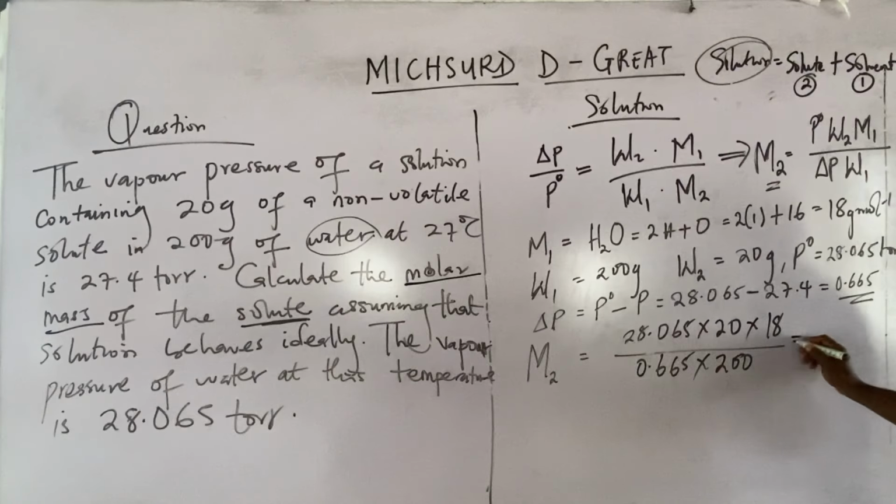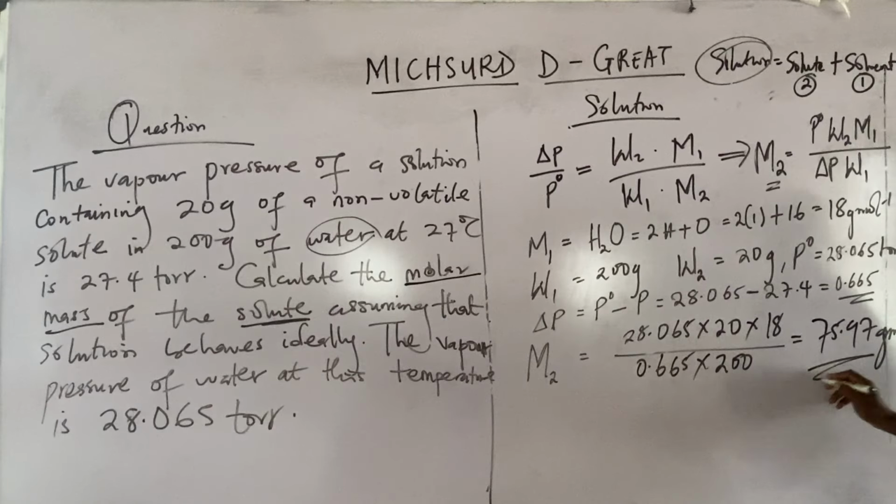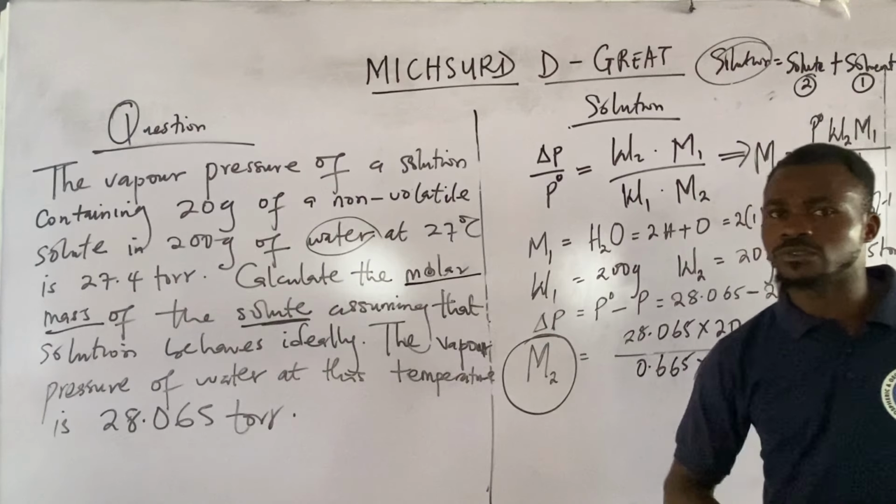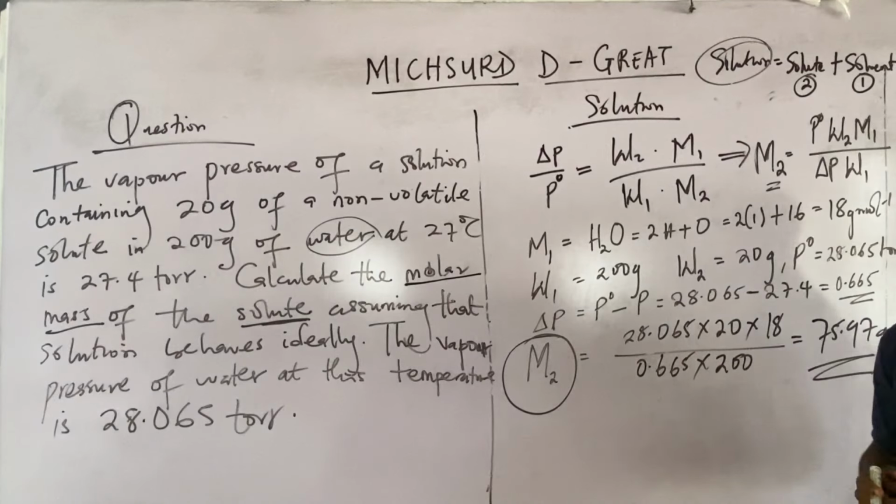If you punch this in your calculator, this will give us 75.97 grams per mole. That gives you the molar mass of the solute. So this is how we do the calculation.